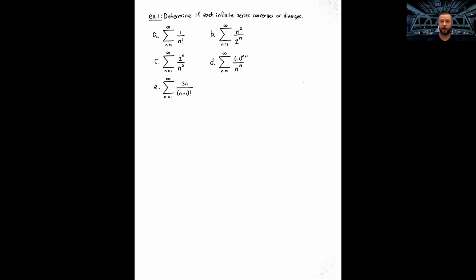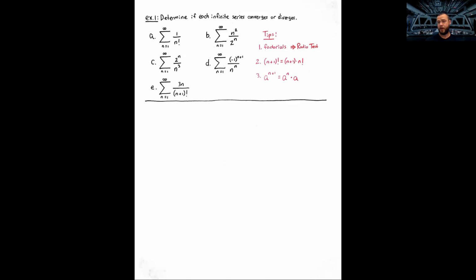All right, let's go through part A. Before we do that, there are some tips I want you to keep in mind as you go through these different examples when you get to parts B and beyond. The first is typically anytime there is a factorial, that is almost always an infinite series where you would want to apply the ratio test.